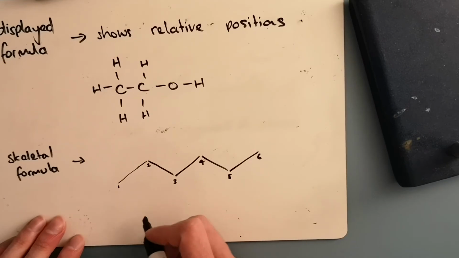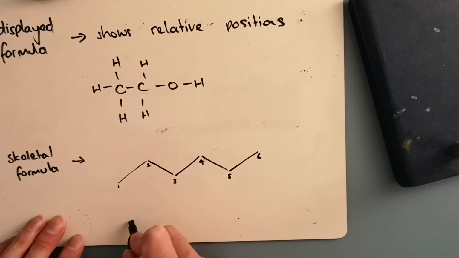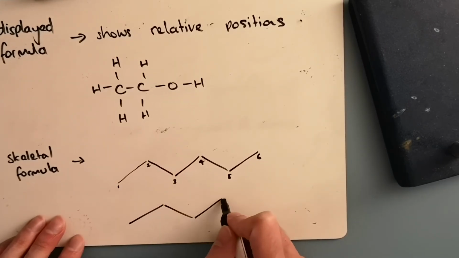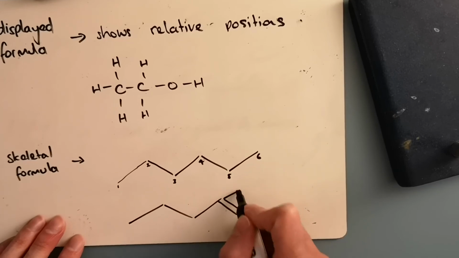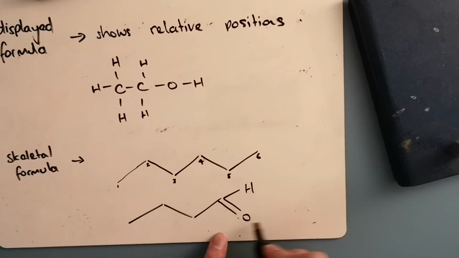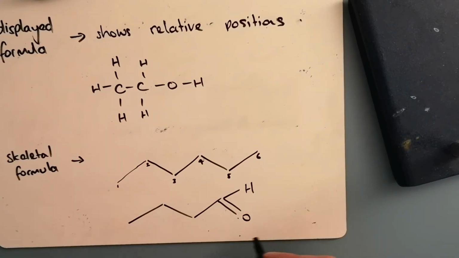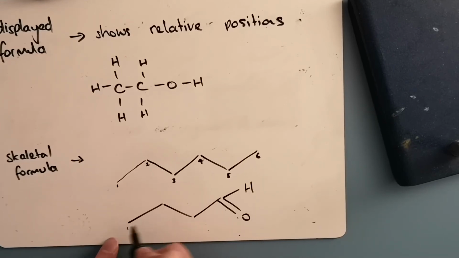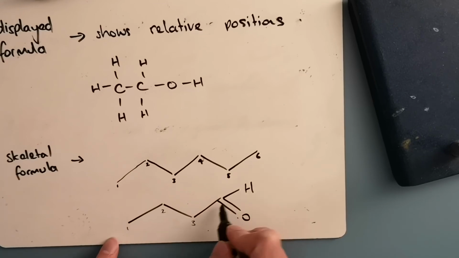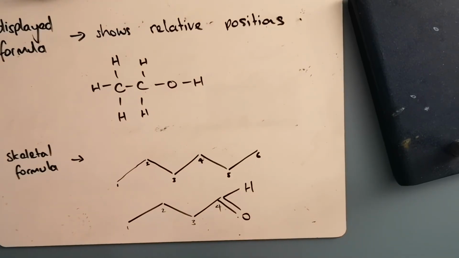So for instance, if it was an aldehyde, like this, the functional group contains an oxygen and a hydrogen, and in that case I do draw the hydrogen in. This is kind of the only case. Now this structure has 1 carbon here, 2 carbons, 3 carbons, and then 4 carbons there.